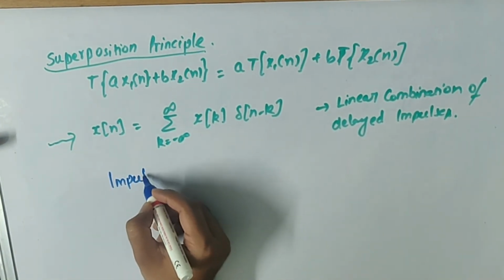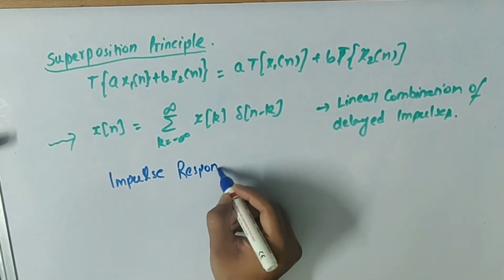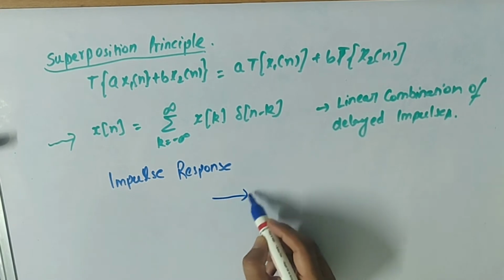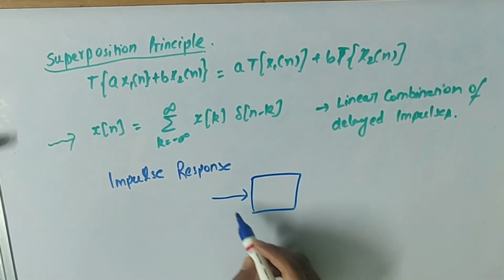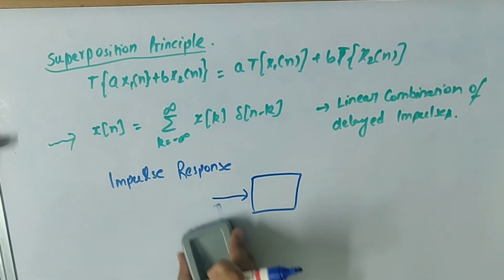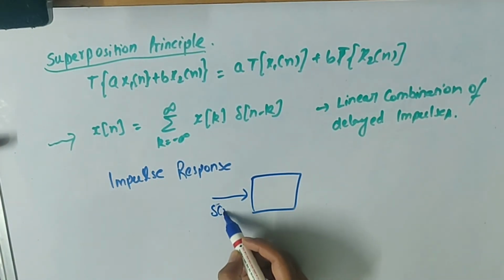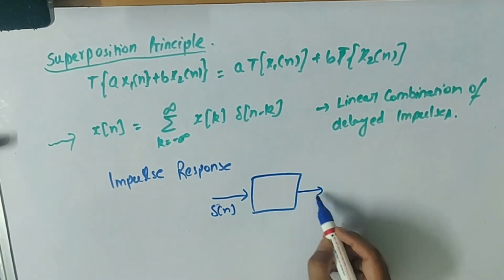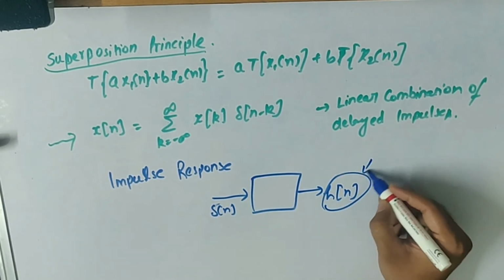So what is the impulse response? Let's say we have a system. If its input is an impulse function delta[n], whatever the output is, let's say h[n], that is the impulse response.